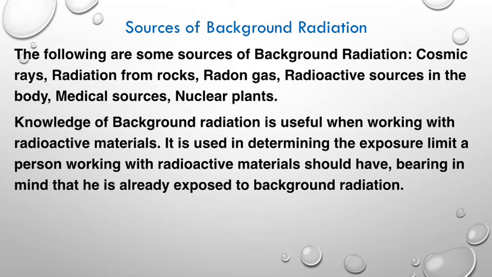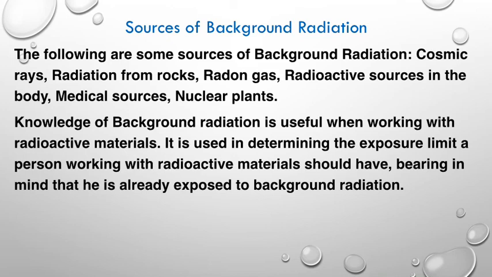So the amount you can allow him to be exposed to from the uranium he's working with is 15 microsieverts. That's why knowledge of background radiation is important, so that we are able to factor in the amount of radiation already in us before we know what amount of radiation we can afford to be exposed to when working with a radioactive material.